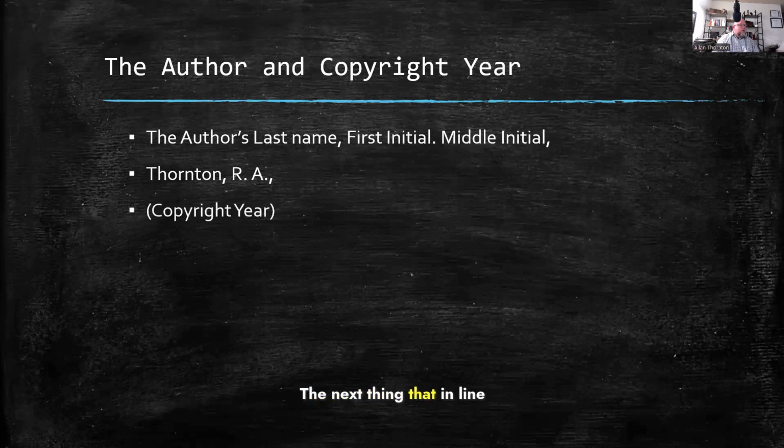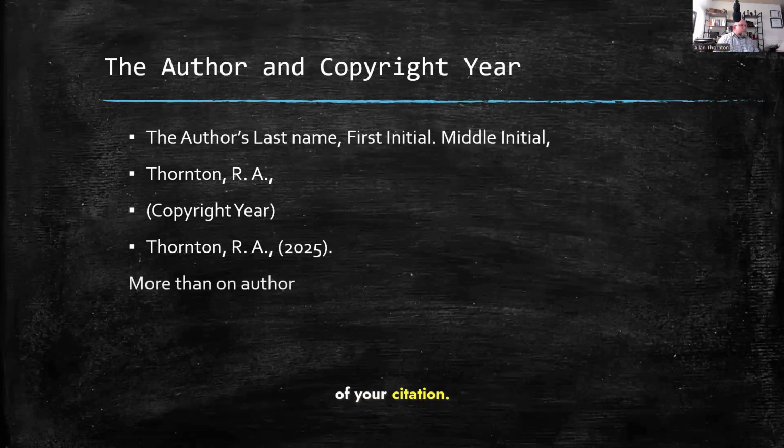Next in line will be the copyright year, and this is always in parentheses. So you always make sure that you put the copyright year in parentheses. It should look something like this. If that was a book that I wrote and published this year, then that would be how you would cite it. That's the first part of your citation.